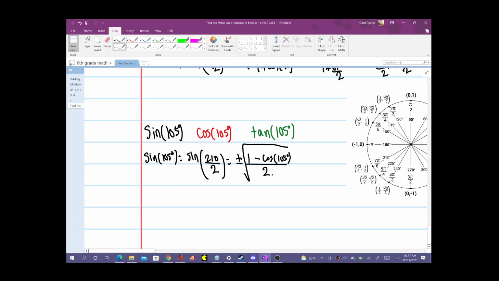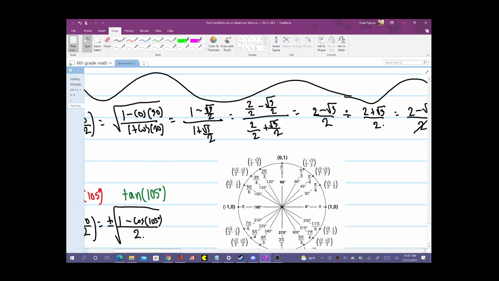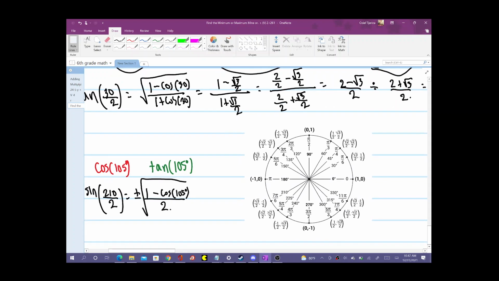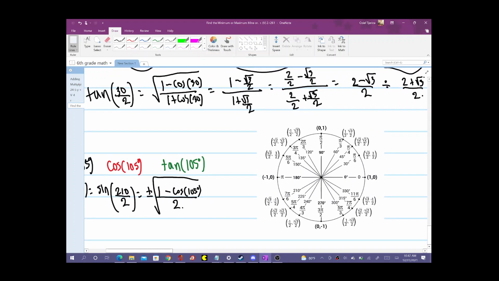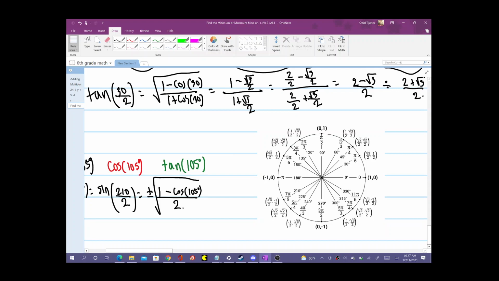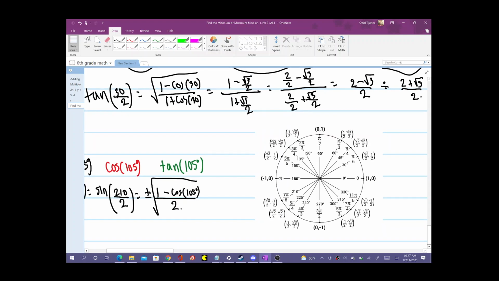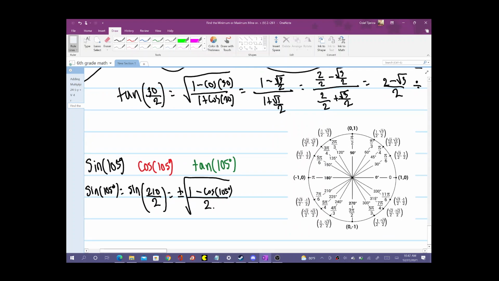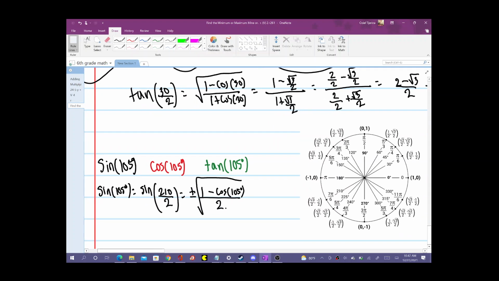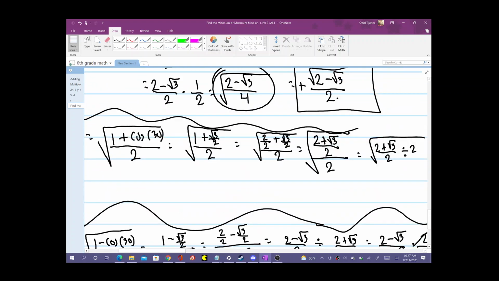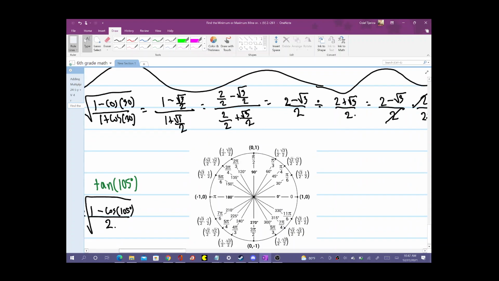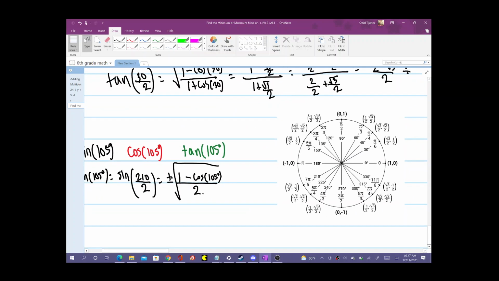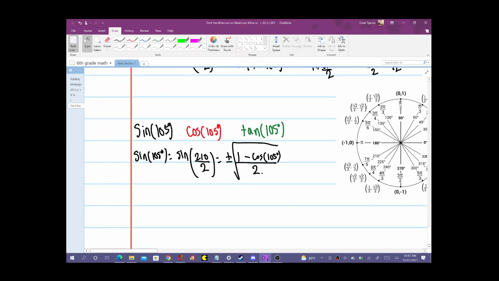But we have to know whether it's positive or negative. Looking at your sine chart, 210 is in quadrant 3. So that's negative y. So sine is negative there.